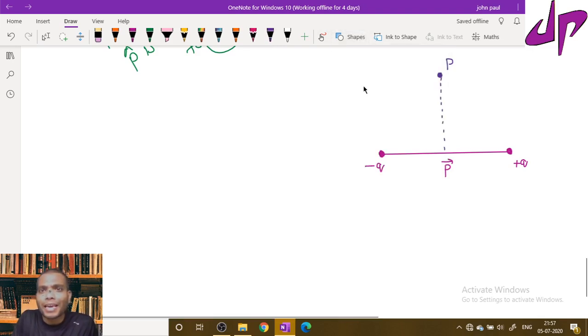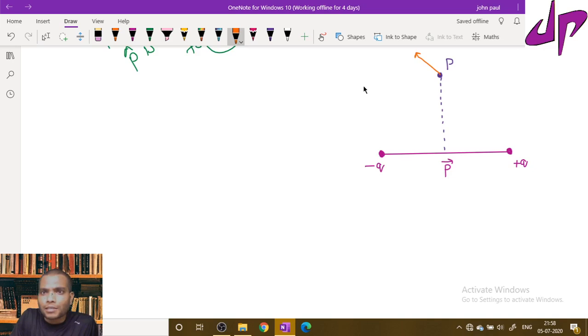We will bring a positive test charge. If I bring a positive test charge at point P, and the source charge is also plus q, these two will repel each other.